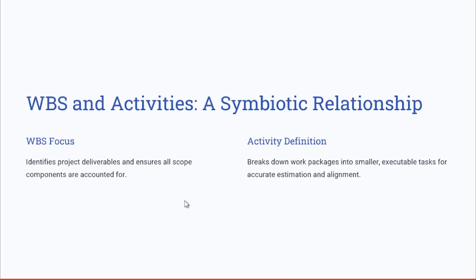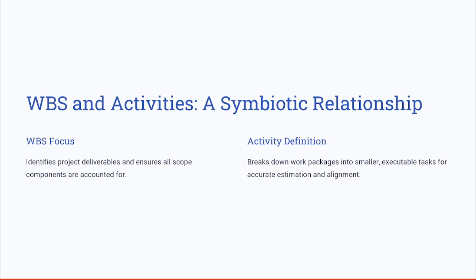But what exactly is the relationship between the WBS and activities? The WBS focuses on project deliverables, ensuring all scope components are accounted for. Activity definition complements this by breaking down each work package into smaller, executable tasks.